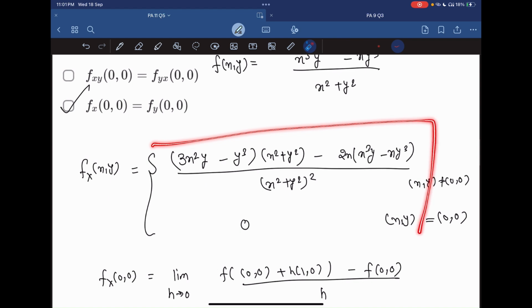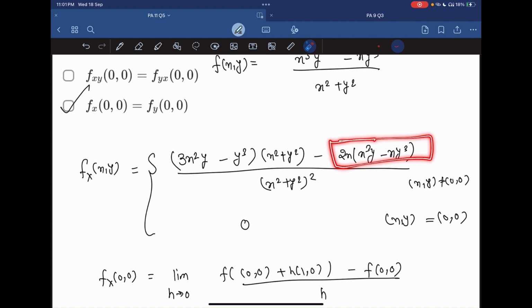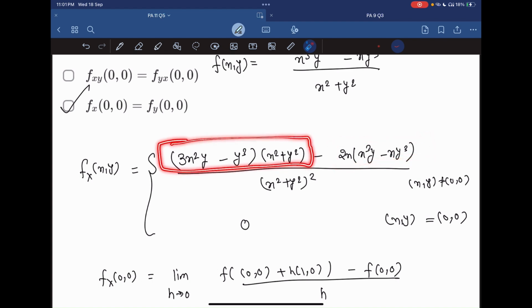So here, the x value is 0 and the y value is h. Because the x value is 0, this term would vanish and we are left with this term. In this also, the terms become 0 because x is 0. So we are left with minus y cube times y square, that is minus y power 5.